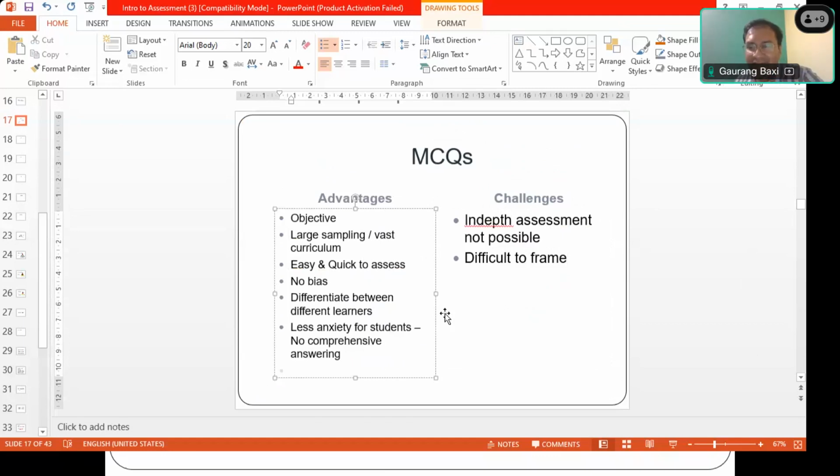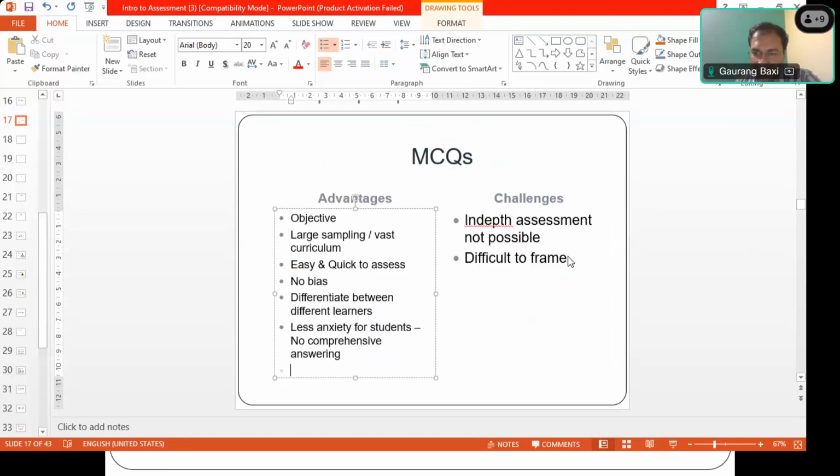But MCQs as a tool, what sir was trying to say is that whatever the anxiety is, it is because of the exam and not because of the tool. Their anxiety might be more if they have to give a viva or a written, theory-based LAQ exam. So MCQs are probably less anxiety generating, because even if students are not aware of the answers, there is still a 25% probability that their answer will be correct. Okay, sir.